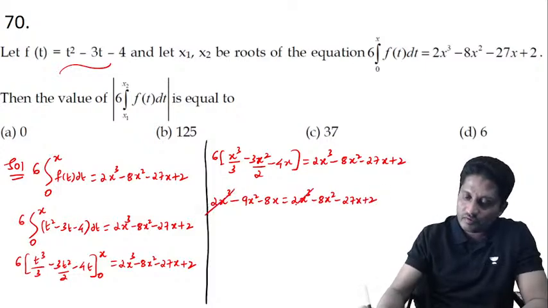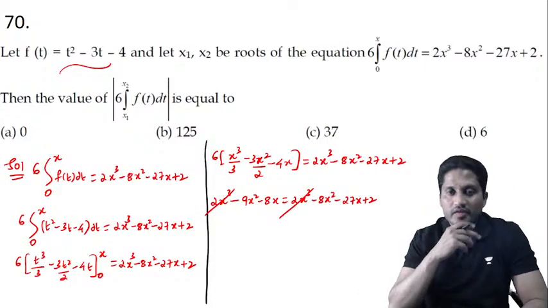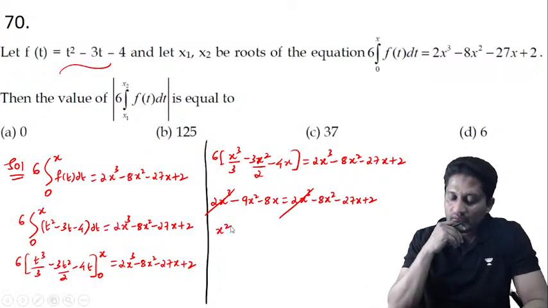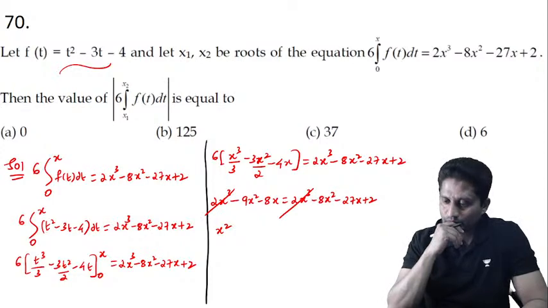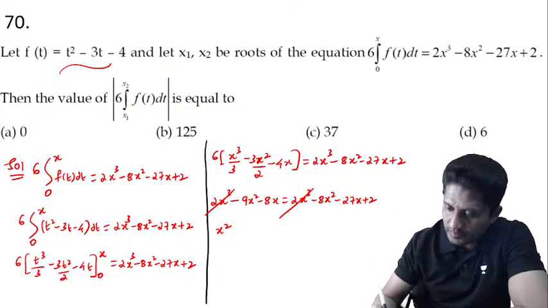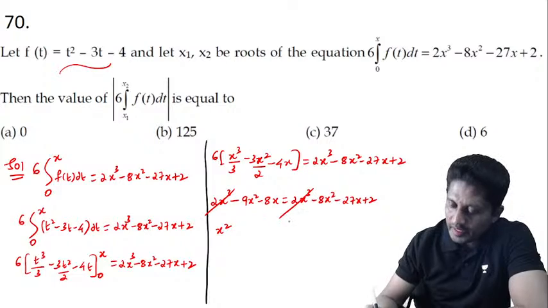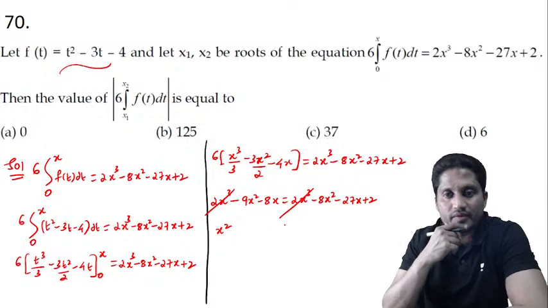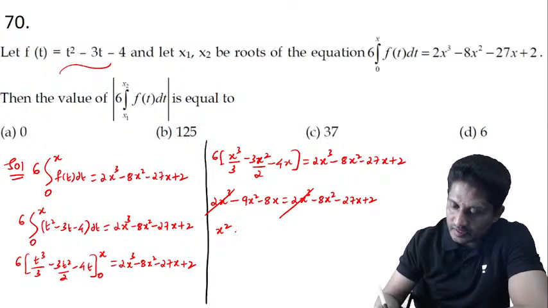The 2x cube will cancel 2x cube. If I shift to the right side, 9x square minus 8x square is x square, and then you get, shifting the terms, minus 24x plus 27x will be equal to the remaining terms.